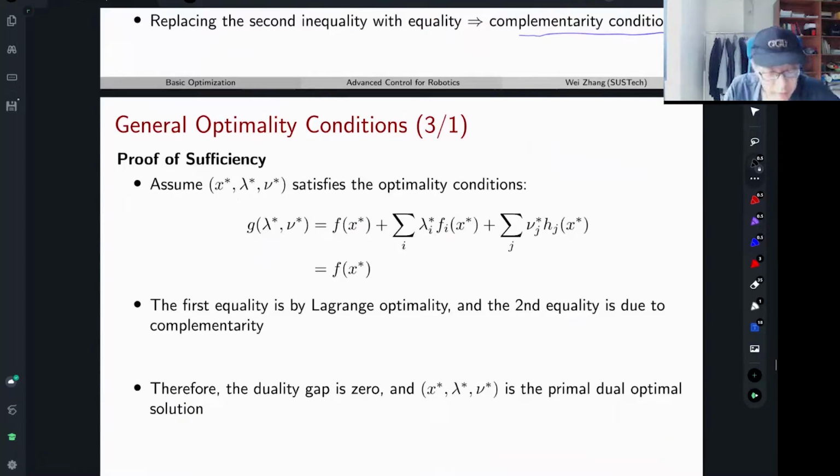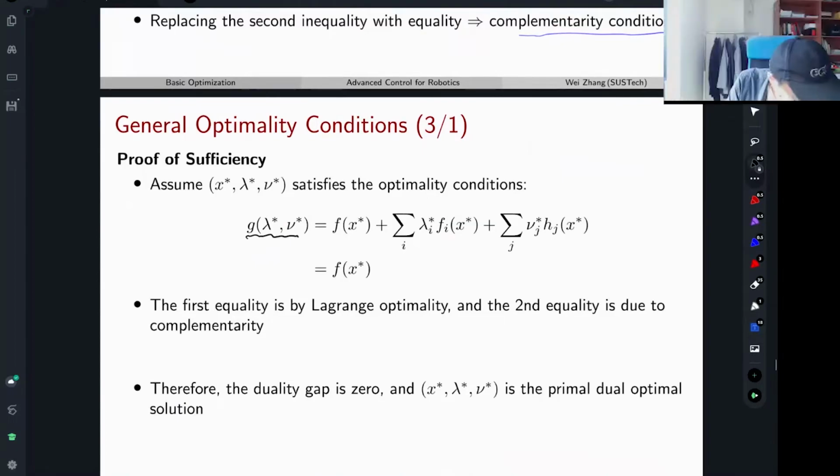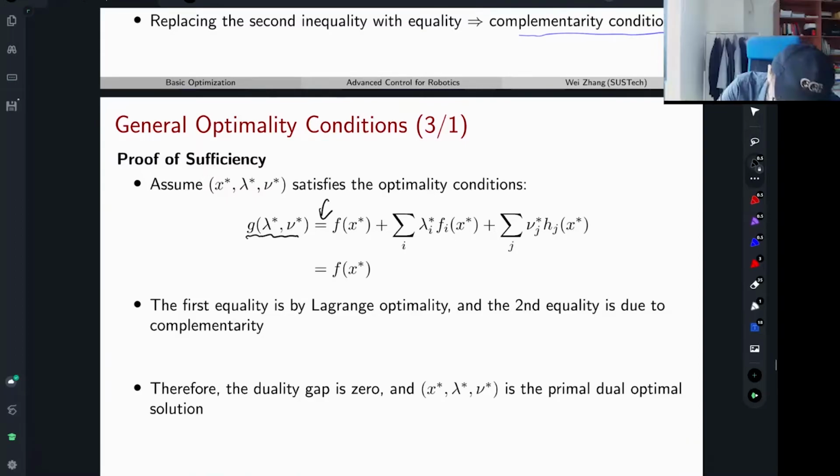Suppose we satisfy these 4 conditions. Then we have g of lambda star, nu star equals this. This is because of what? Because of the complementarity condition, right?